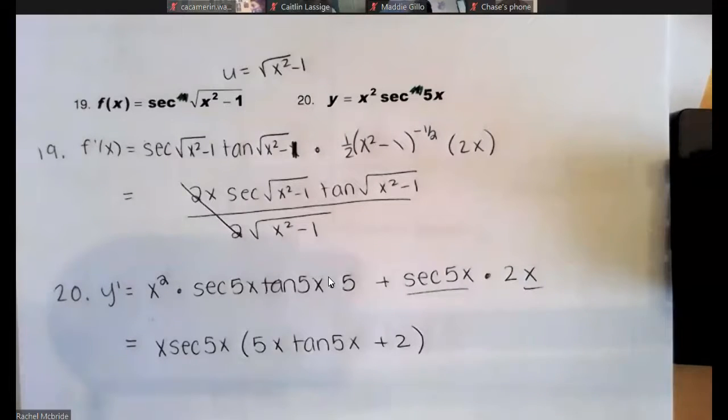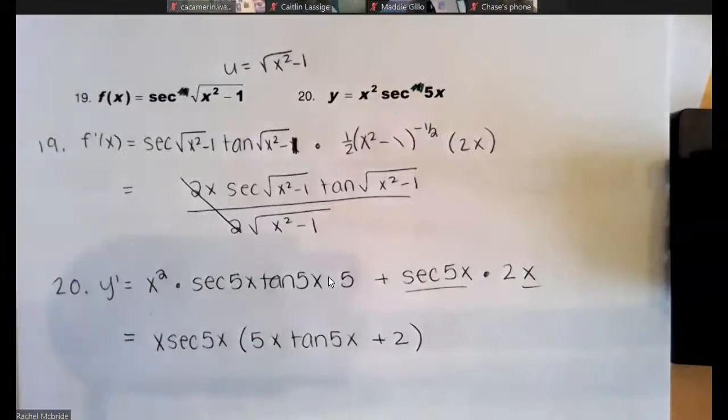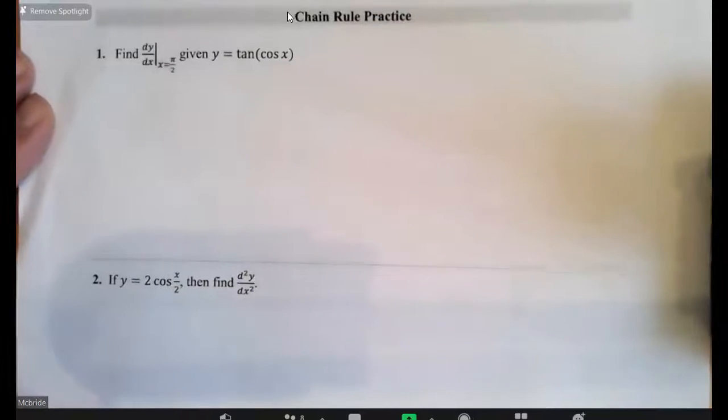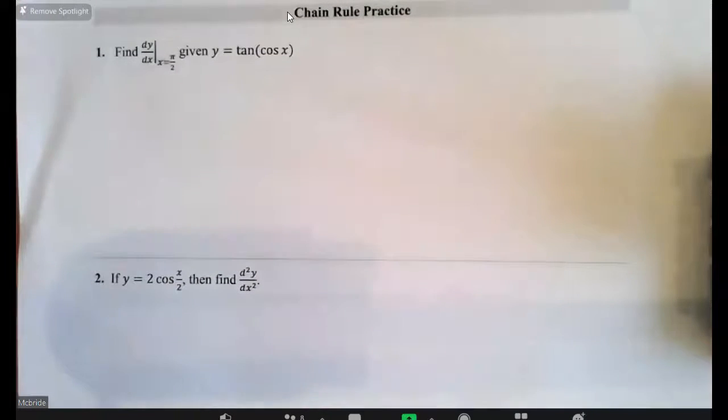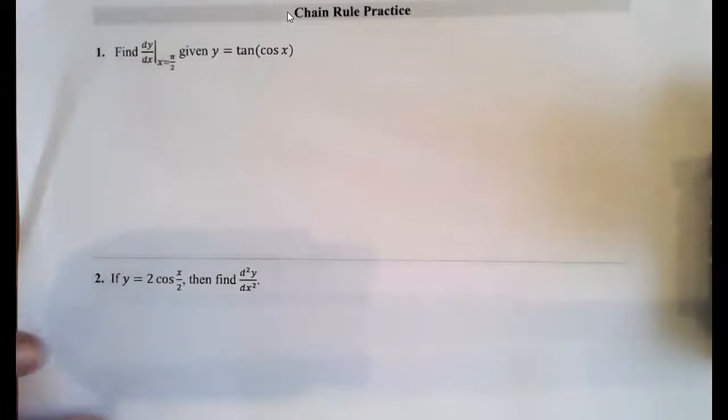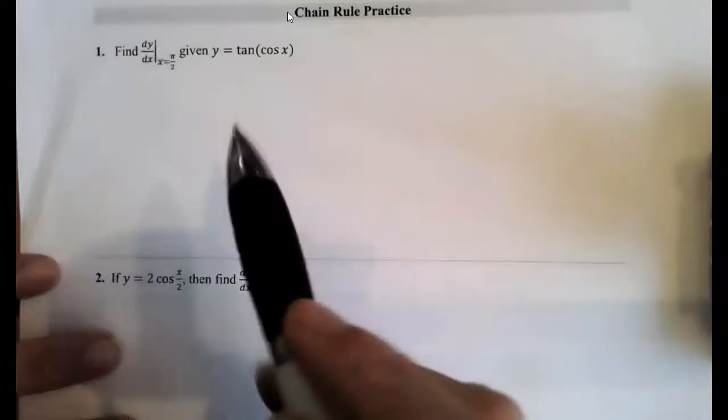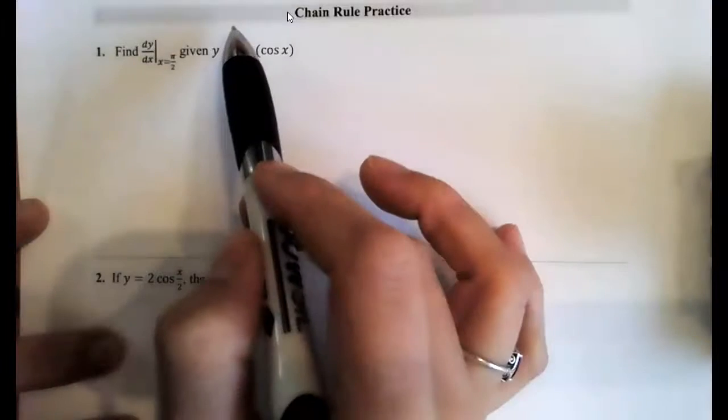Okay, so if that's all the questions we had on these two packets, then we will pick up and start with our chain rule review for the day. Okay. So chain rule practice, and again, this is kind of the notation I'm hinting at as well, making sure we totally understand everything on that page.